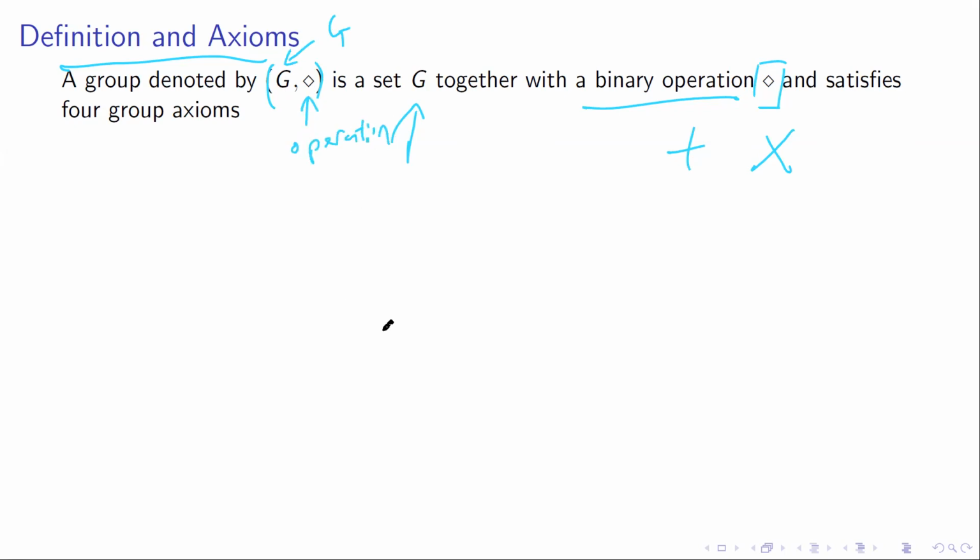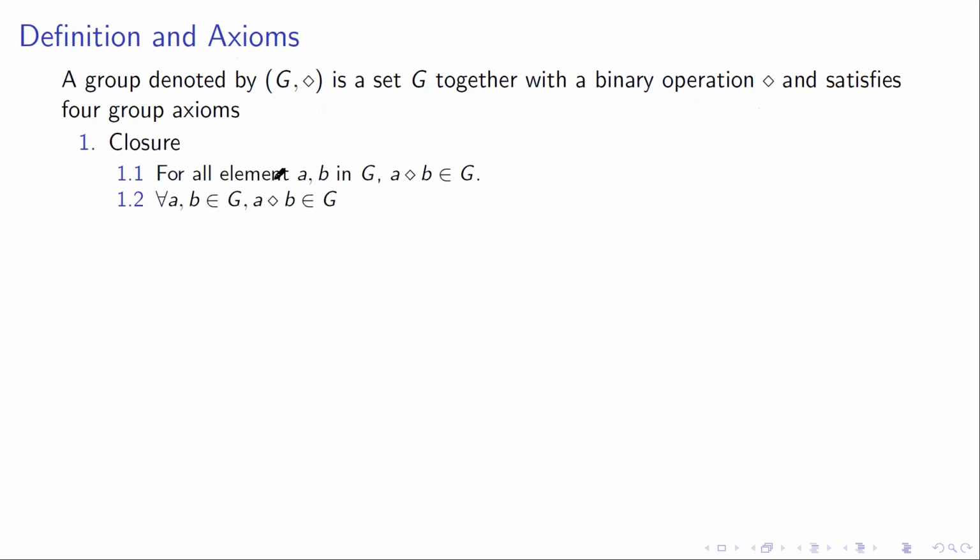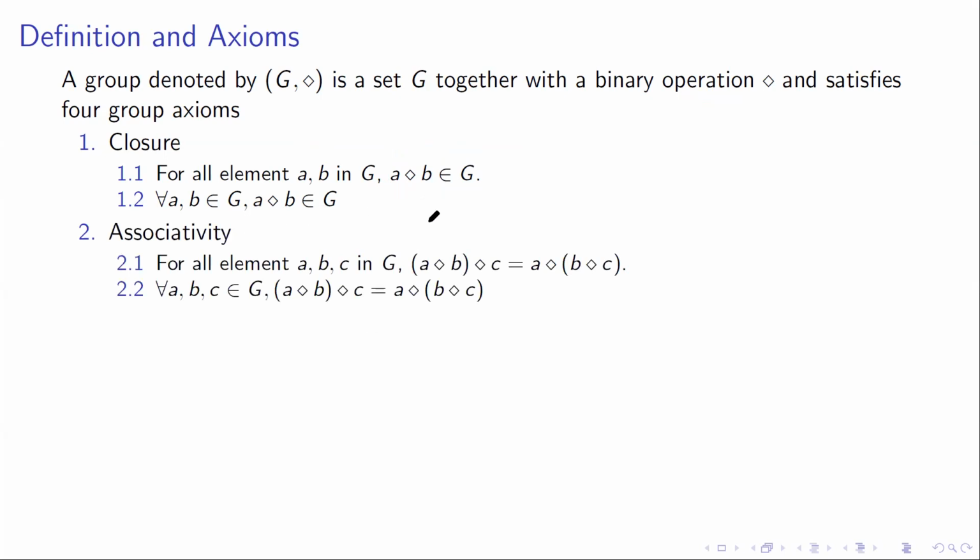Okay, and what are the 4 group axioms? The first one is the closure property. For any 2 elements a and b in G, once you apply the operation, you always get back an element in G. This is the closure property, and if you want some fancy mathematical notation, it's right here. The second one is the associative property, where you can put the brackets in whatever order you want.